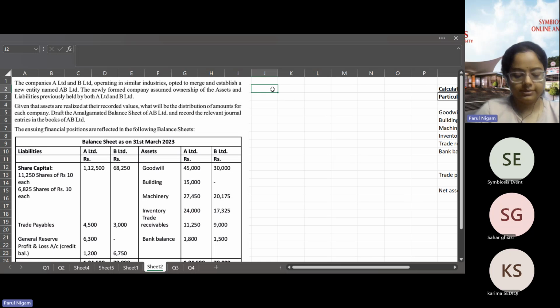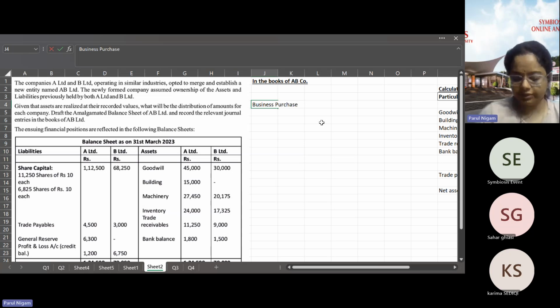So let's pass the entries in the books of the final company. The first entry, we remember, should be business purchase, because that company is purchasing.